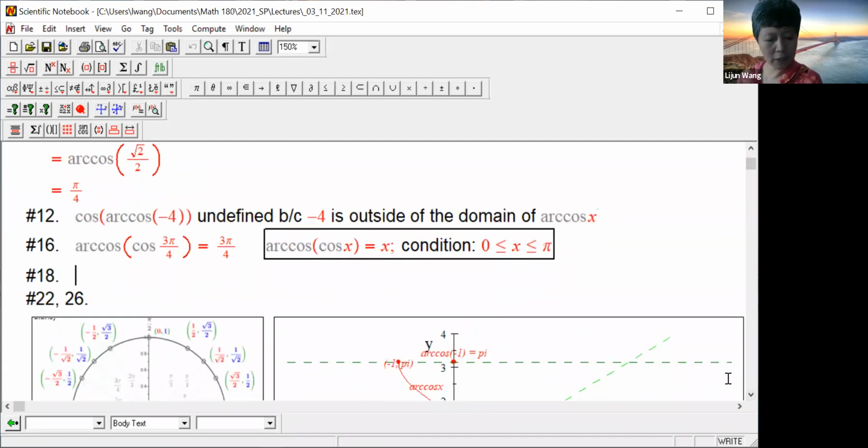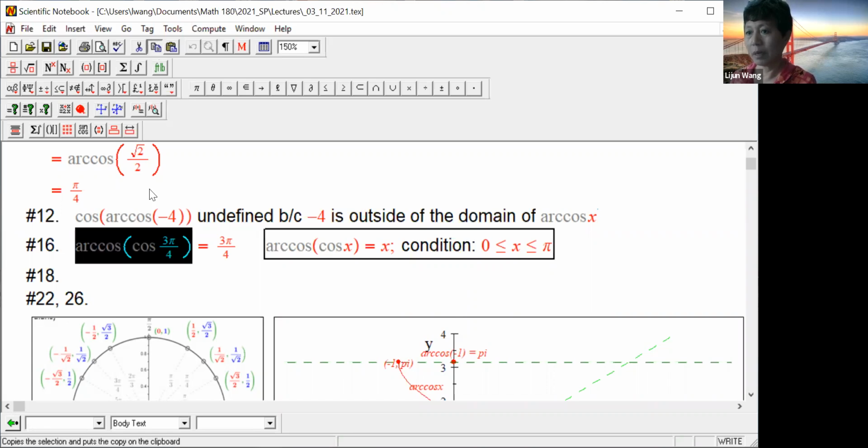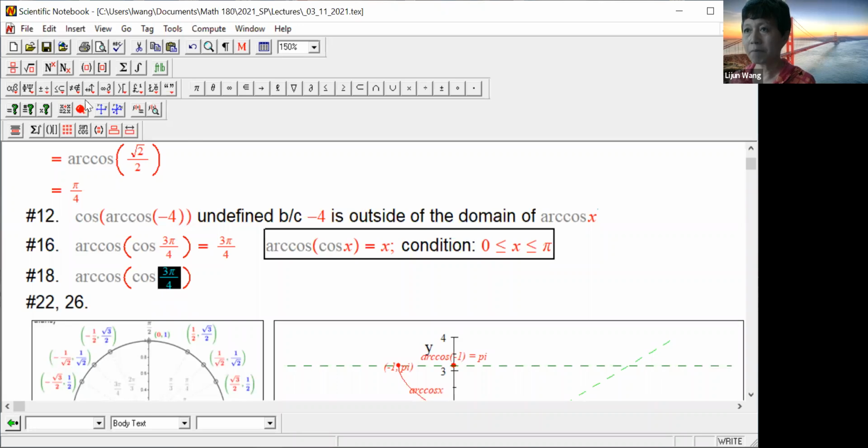So let's look at 18. Even though I'm going to leave 2 questions for you, I'll give you some time to do it yourself independently because I don't want to take all the opportunities away from you. And we have a negative 3 pi over 4.